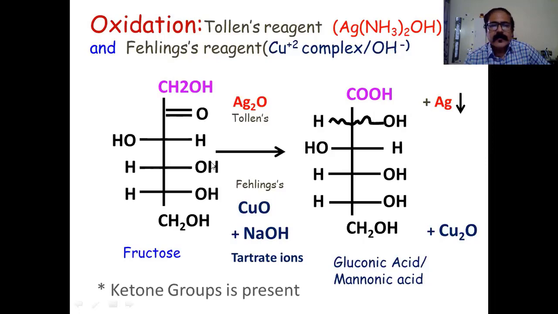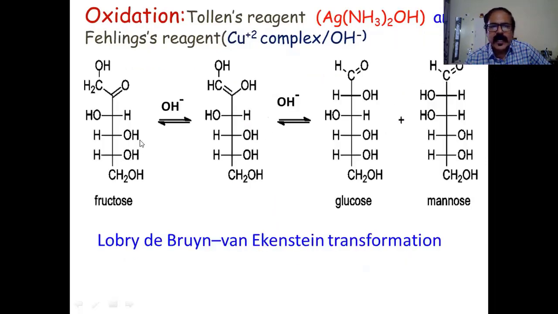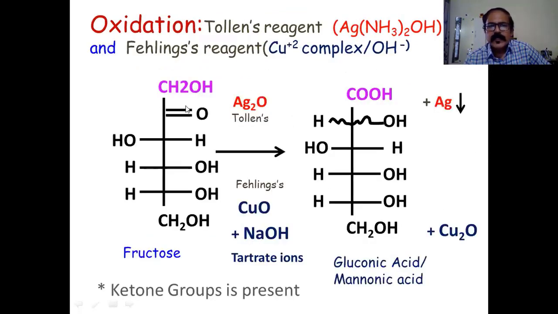As this is oxidizing the group, we say that the Tollens reagent is reacting here. So fructose is converted into glucose. In this case, as I said, fructose is converted into glucose and mannose. This glucose and mannose, in the presence of base, will react with Tollens reagent, giving gluconic acid and mannonic acid. And in the case of Fehling's reagent, a copper 2+ solution will be there. This Cu2+ is blue in color.